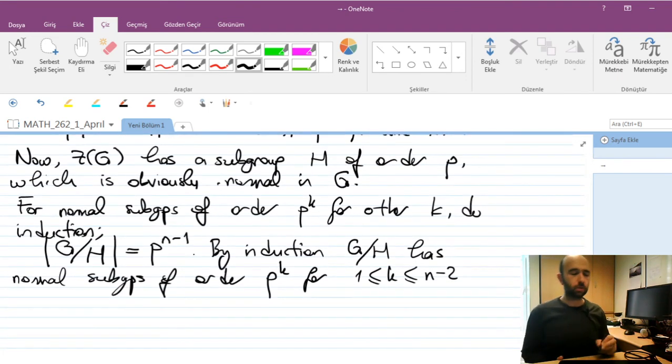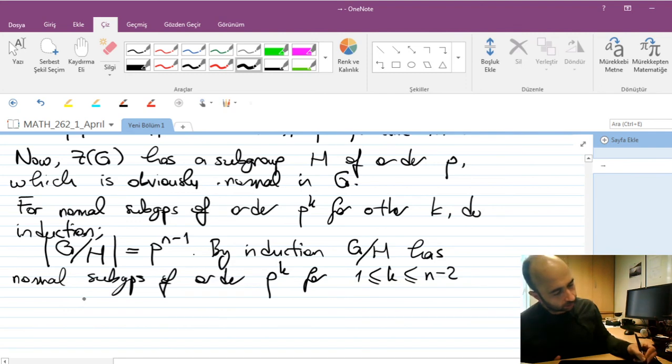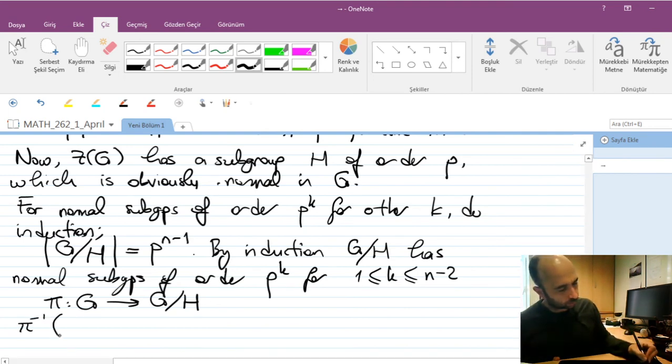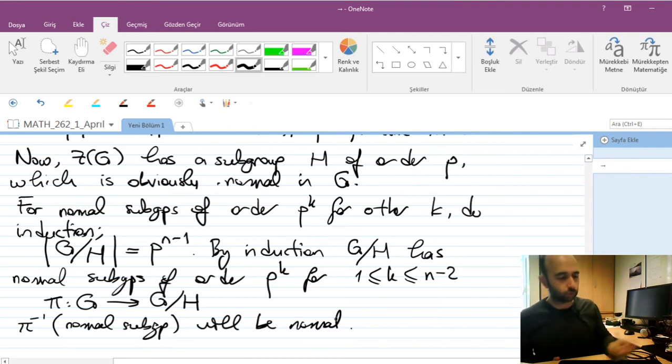Now, pull all of these normal subgroups back by this natural epimorphism G to G/H. I mean, pi inverse of these normal subgroups will be normal, and that produces for you all these subgroups that you want.